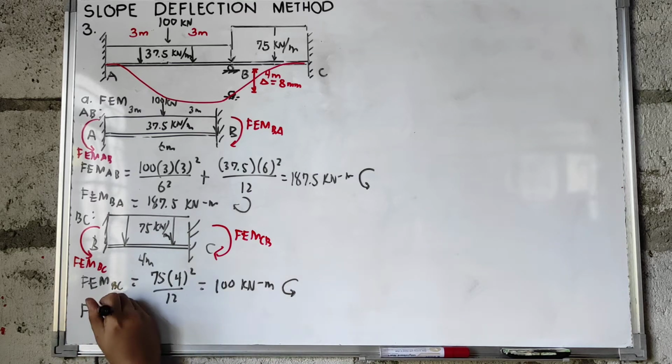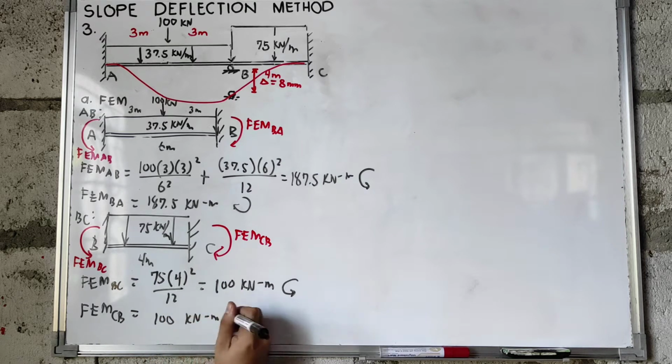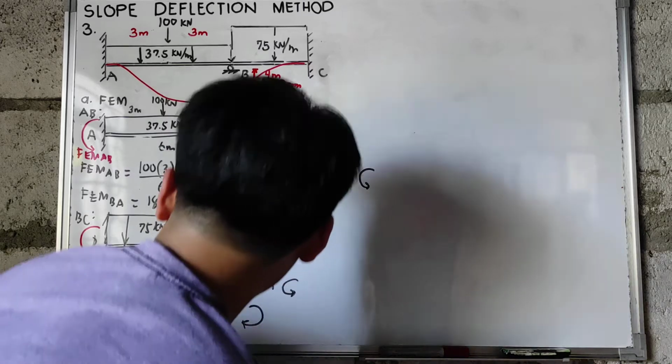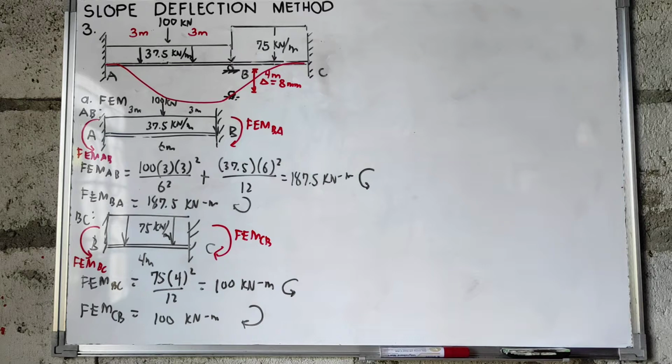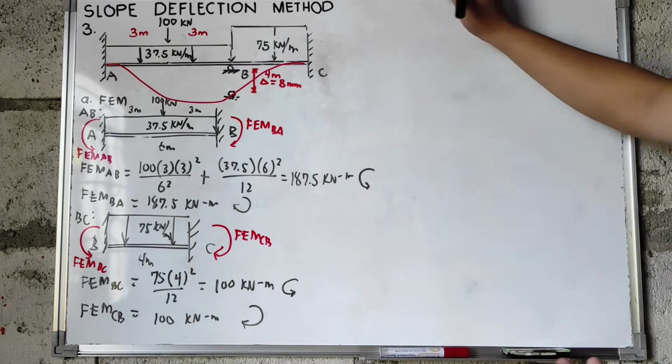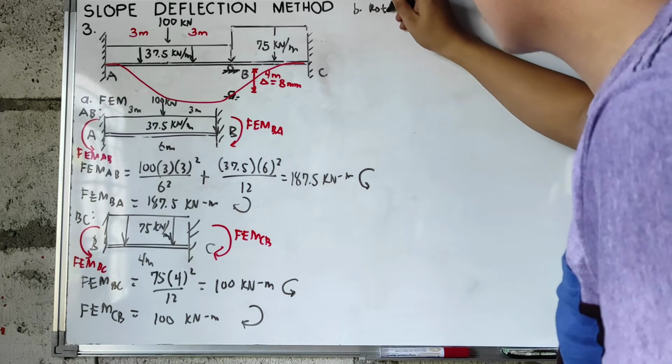Therefore, the value of your FEM-CB is equal to 100 kilonewton meter. Rotation is clockwise. After computing for the value of your FEM, since meron tayong settlement ng support natin dun sa internal, we are going to calculate yung rotational displacement.